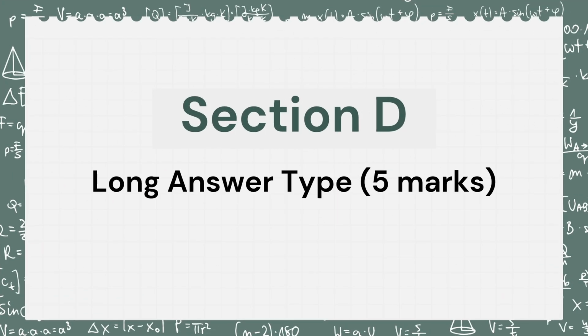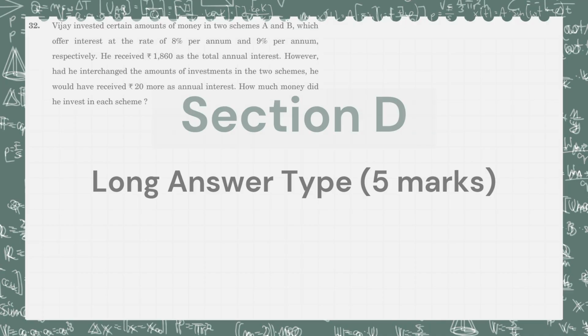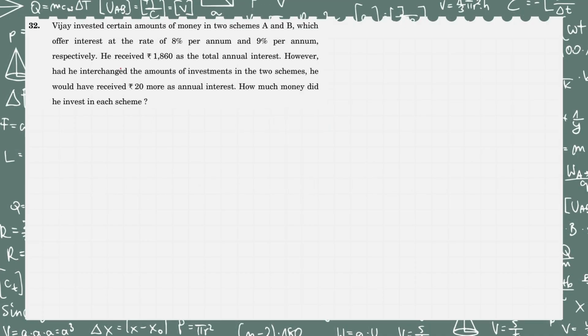Let us solve section D, long answer type. Each question carries 5 marks. The first question given is: Vijay invested certain amounts of money in two schemes A and B, which offer interest at the rate of 8% per annum and 9% per annum respectively.